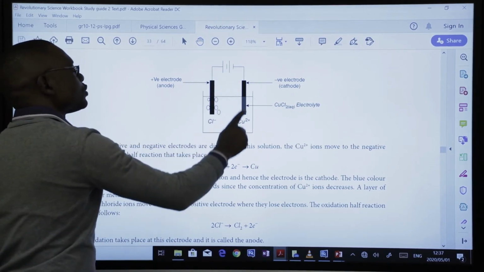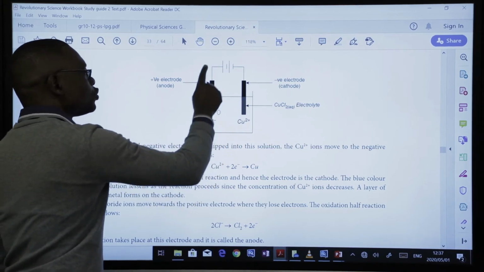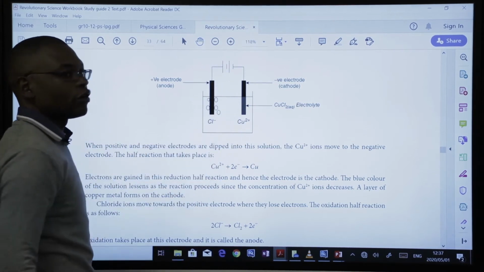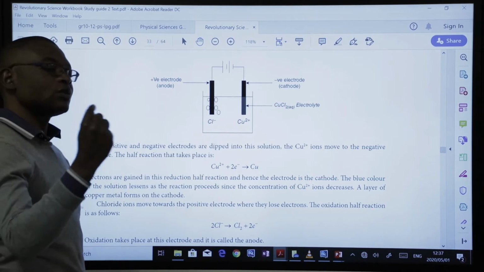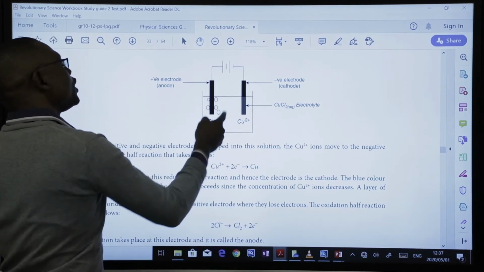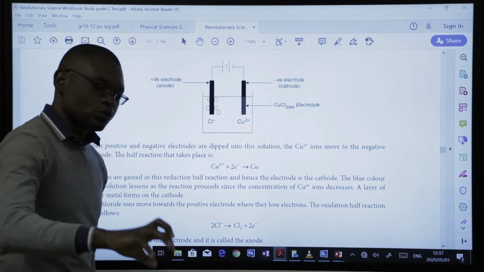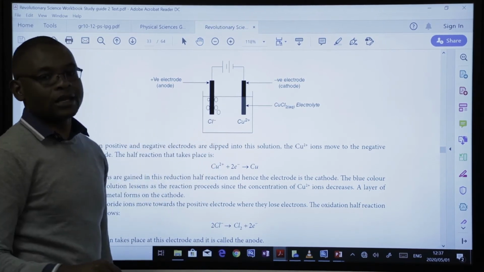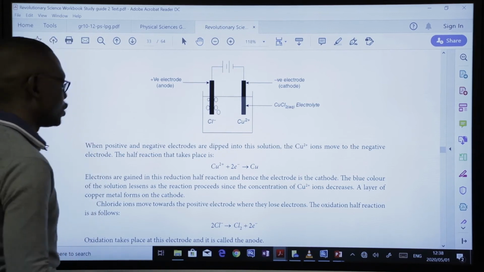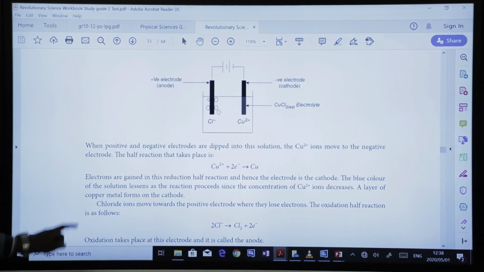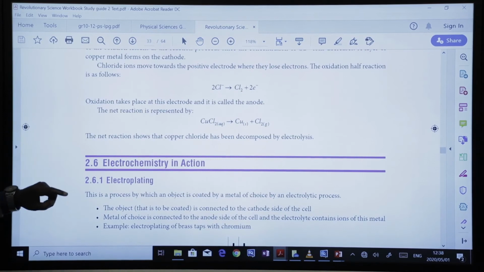So essentially we've got a complete circuit where we are going to keep on having a continuous flow of electrons until that point in time when we no longer have ions in the solution that will carry around the electrons. Then the whole electrolysis process terminates. Okay. So this is what we are saying.